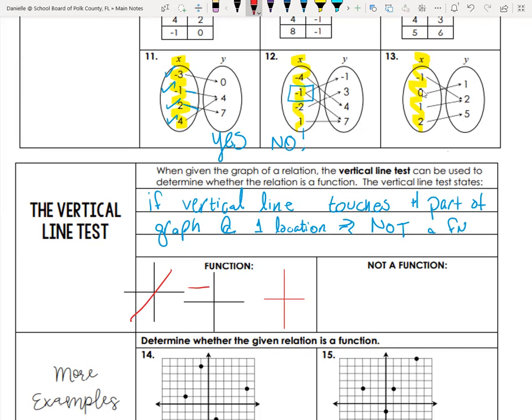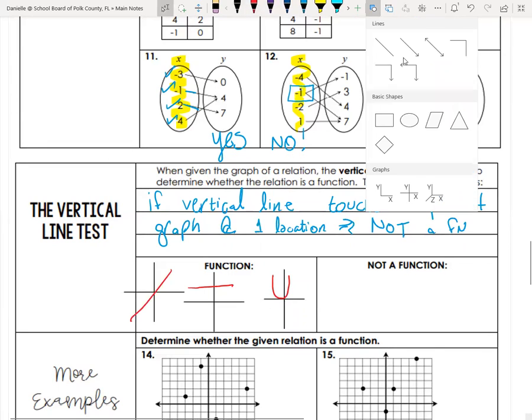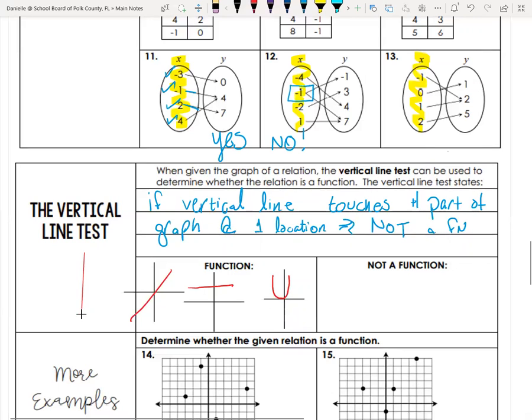We could also do a vertical line. We could even do a parabola, a U. We could also do a U shape. If I were to come over here and draw a straight line, up and down, and drag that through my graph, I never touch more than one part of the graph.